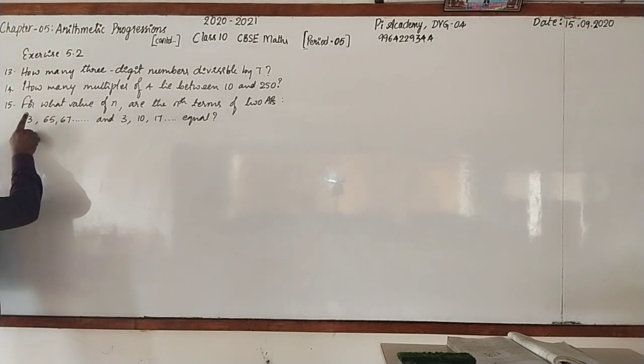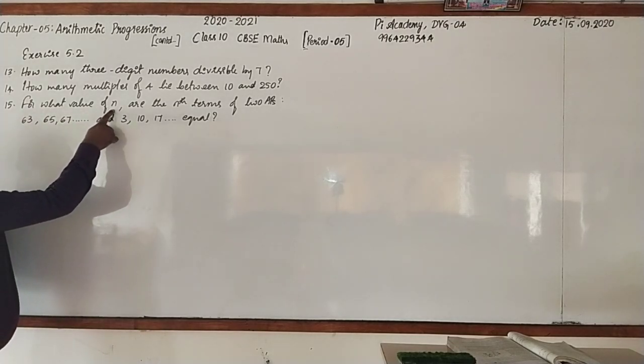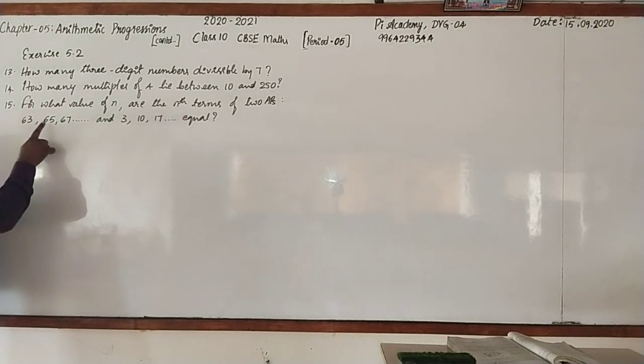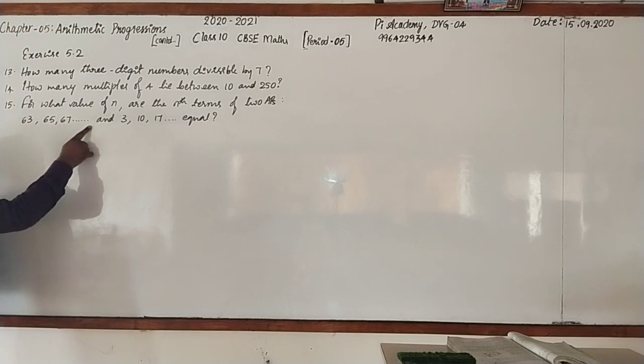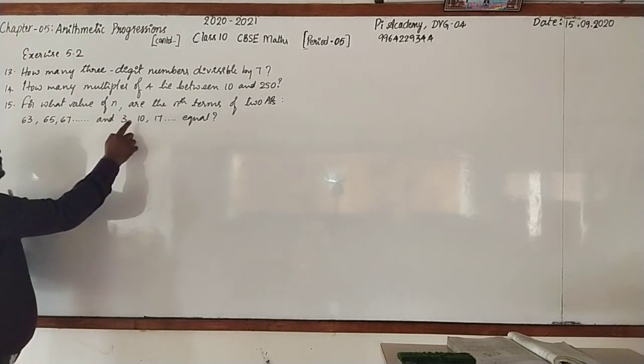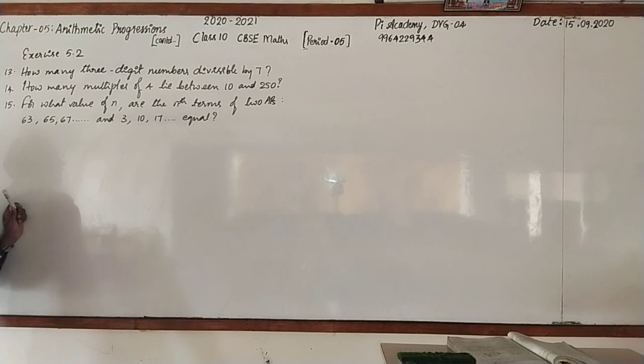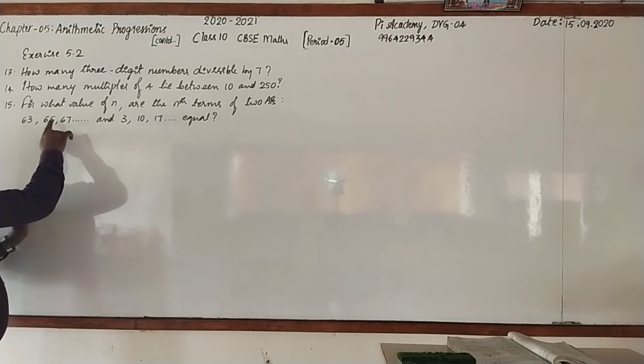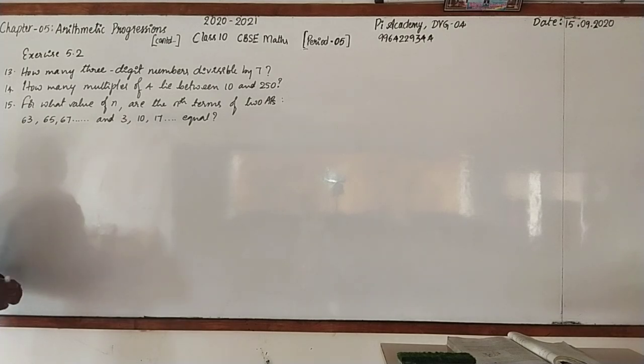Observe this carefully. For what value of n are the nth terms of two APs, 63, 65, 67 and so on, and 3, 10, 17 and so on, equal? Nth term of these two are equal.